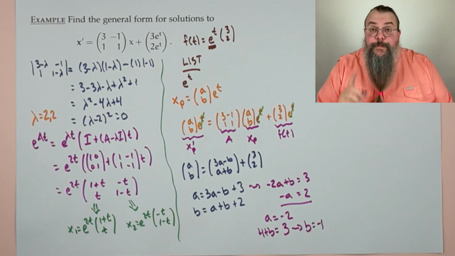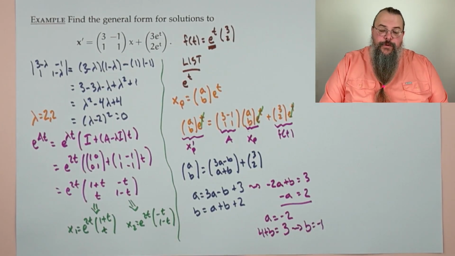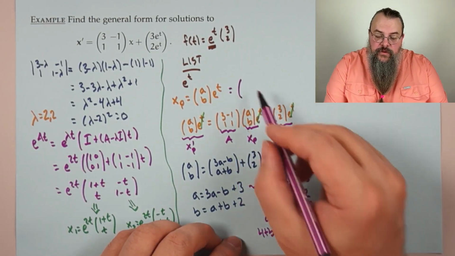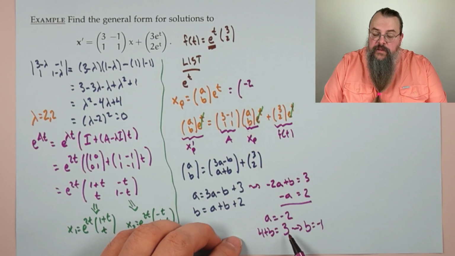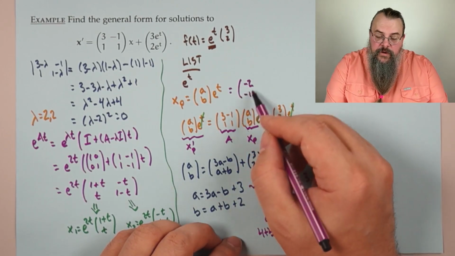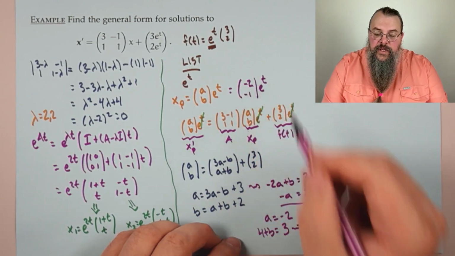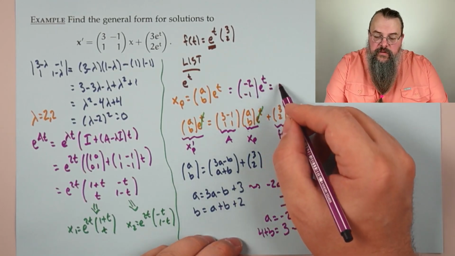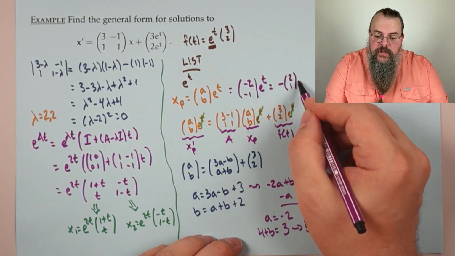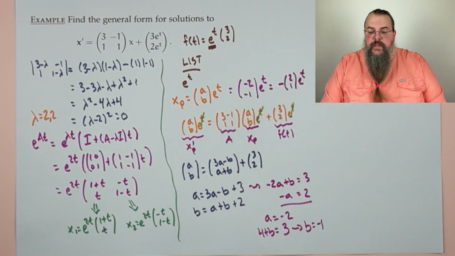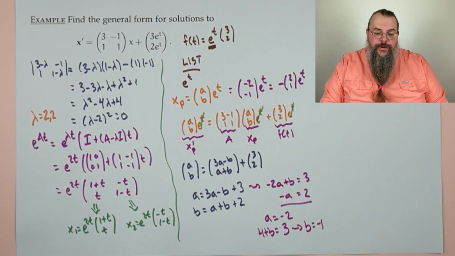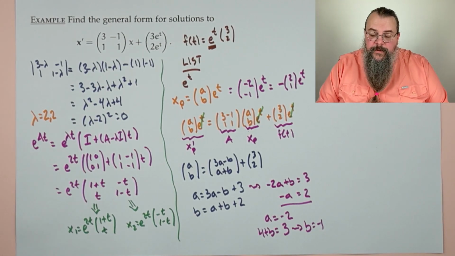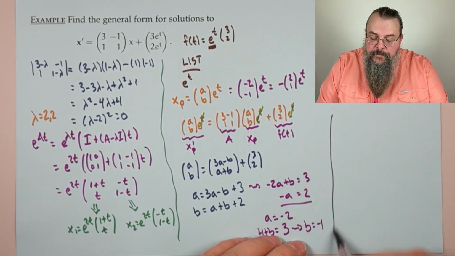So our particular solution, we can now say, is minus 2, because a is minus 2, minus 1, e to the t. And if you want to, you could pull out a minus sign. So this is minus 2, 1, e to the t. All right, so we're now ready to write our final answer, because we were after the general form.